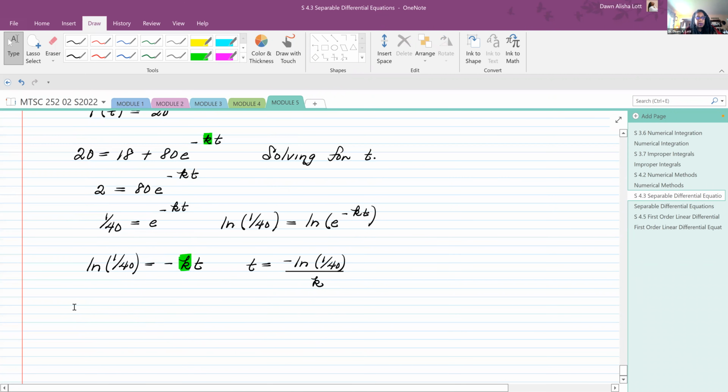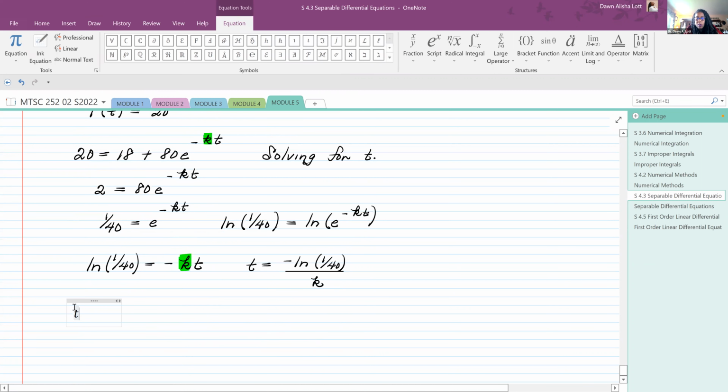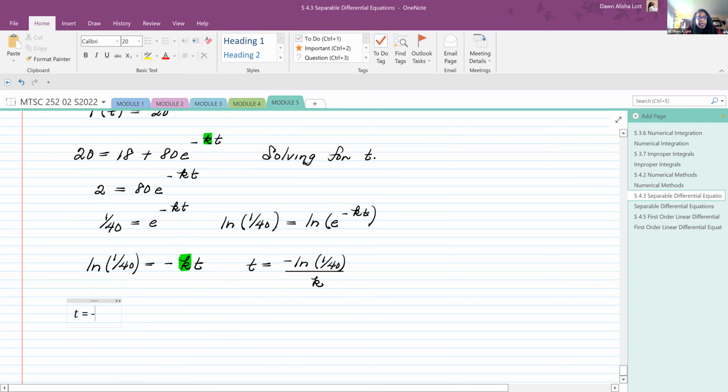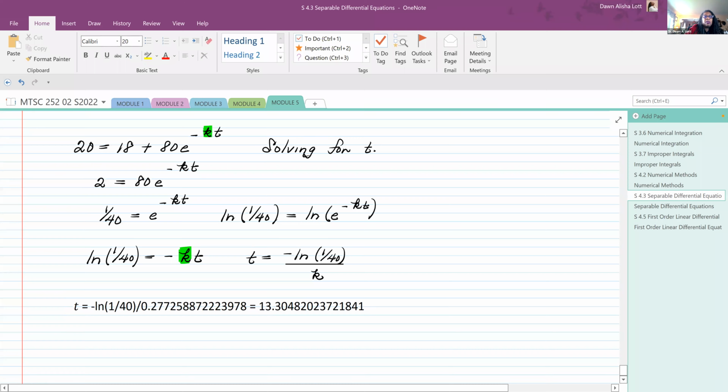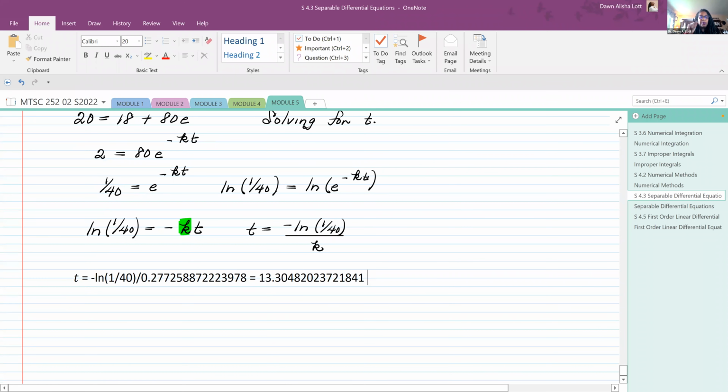Okay, so t is equal to negative natural log of 1 over 40 divided by k. And that is equal to 13.3 approximately minutes. So it takes 13.3 minutes to reach 20 degrees.